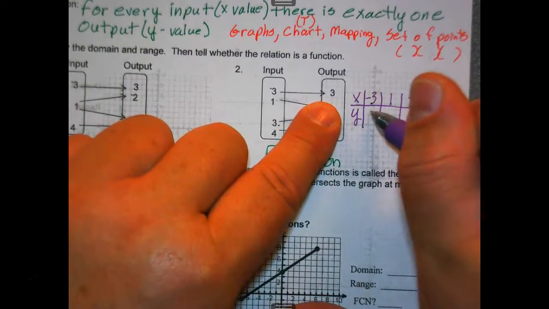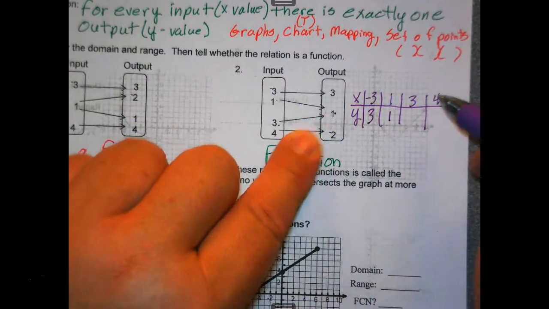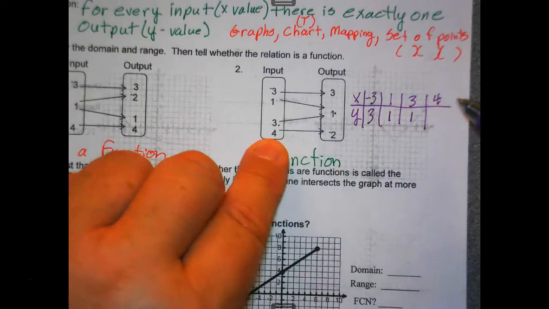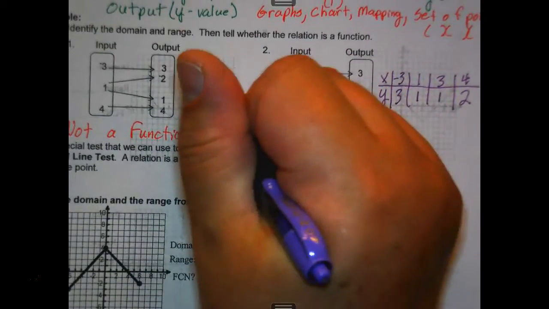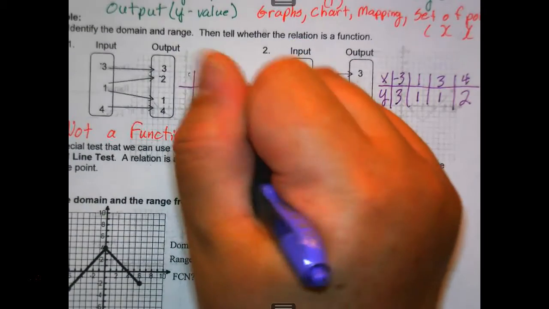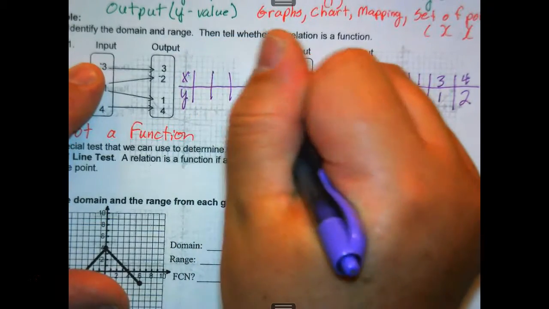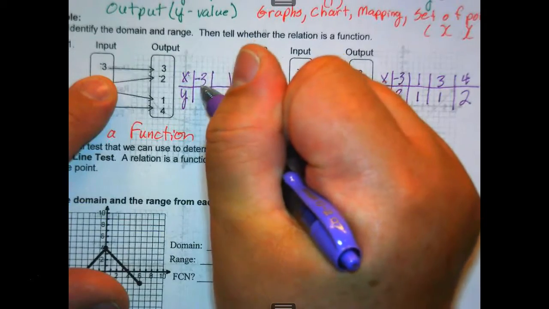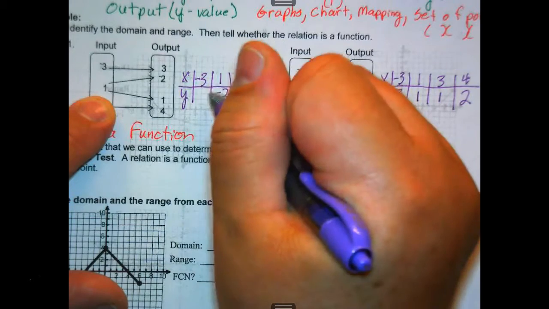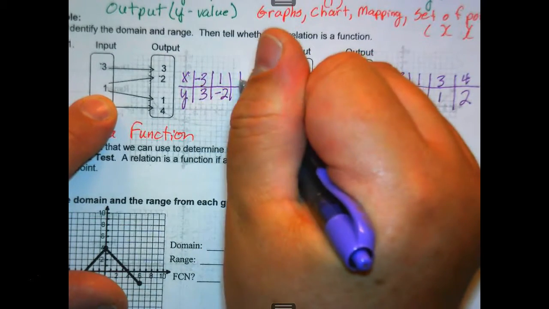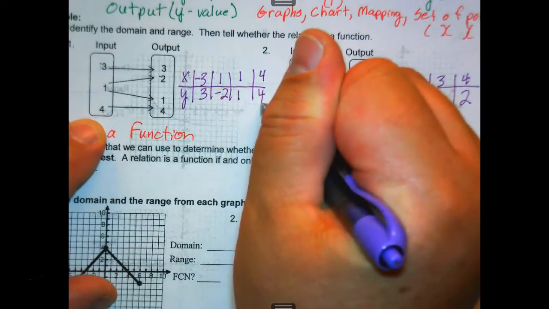See, -3 goes to 3, 1 goes to +1, 3 goes to +1, and 4 goes to 2. Now let me make a T-chart for the other one, and you'll see the difference. Okay, my X values, -3, 1 goes to -2, right? I have another 1 that goes to 1, and I have a 4 going to 4.